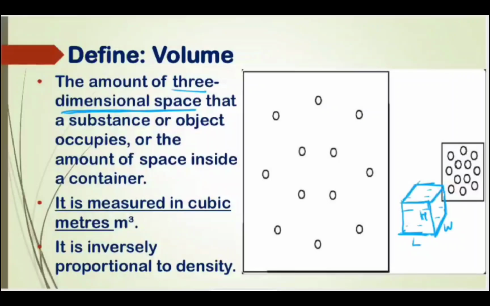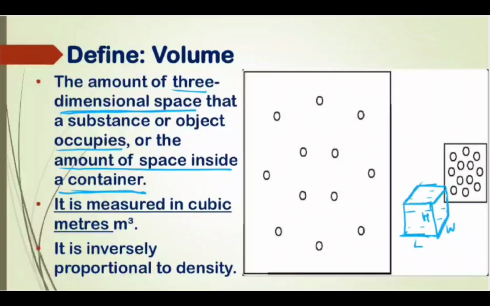So the amount of three-dimensional space that a substance or object occupies, or the amount of space inside a container, is the volume of that particular object, the amount of space occupied by those particles.